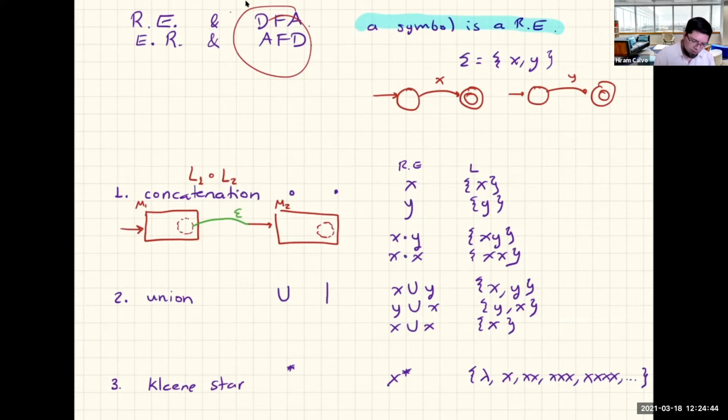With union, we will have a similar fashion. We have two machines. We will have here the same kind of machine, which has a beginning and an accept state. And here we have, again, another machine and its accept state.